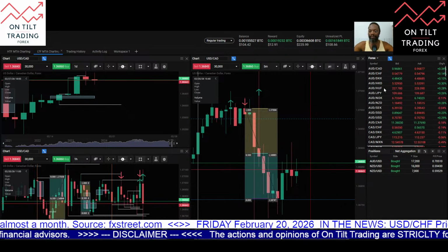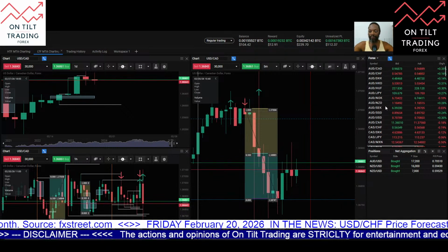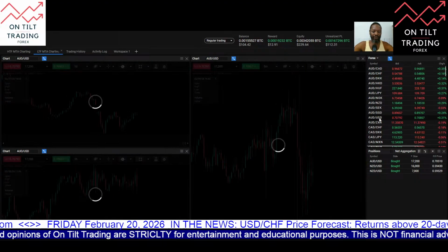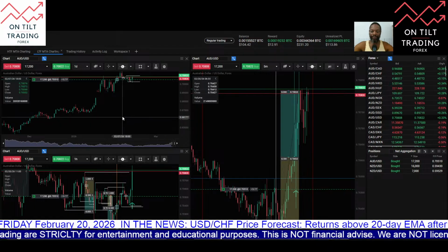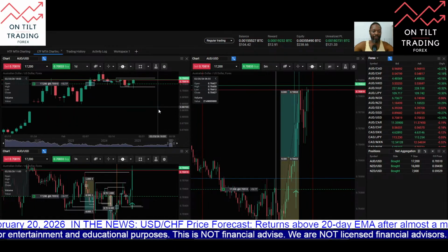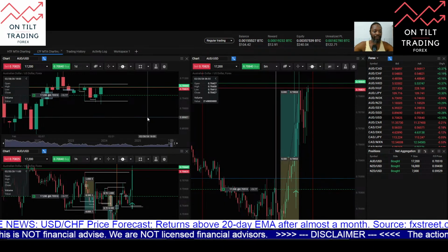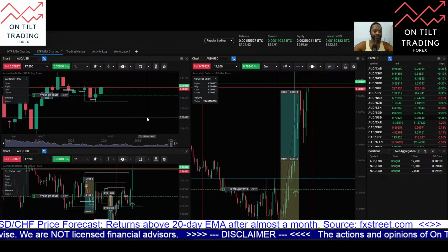Now we'll come back to the pairs that I'm in long here. Have a look back at Aussie dollar. So Aussie dollar is still in this area of consolidation here, but trading back towards the buy side here.